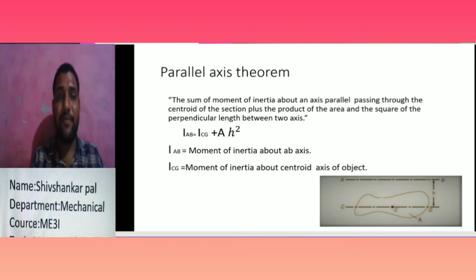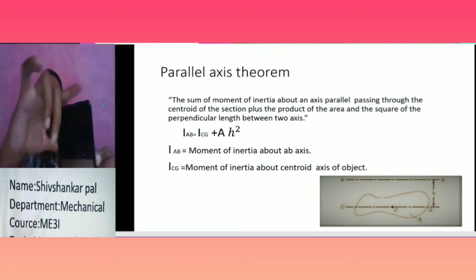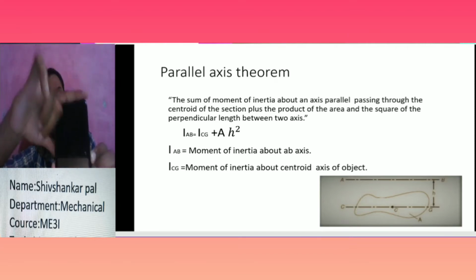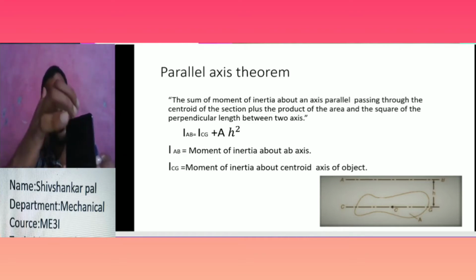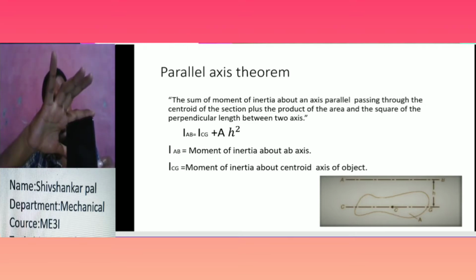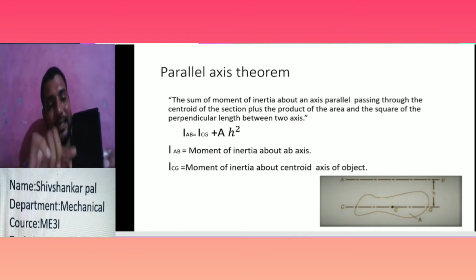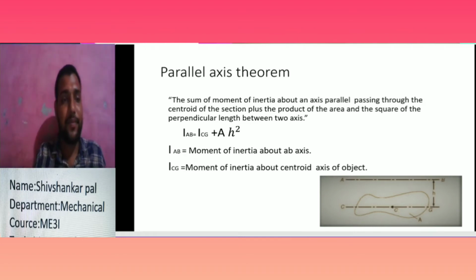Suppose we know the moment of inertia about the centroidal axis and want to find the moment of inertia about here. Then it is the moment of inertia about the centroidal axis plus the area of the whole object times the square of the perpendicular distance from here to there.